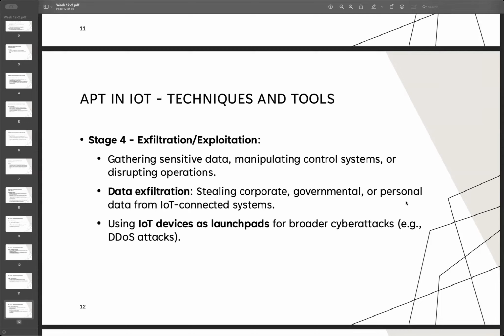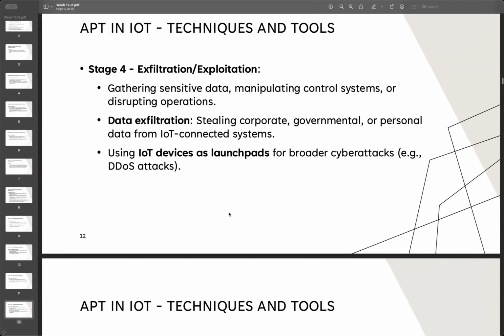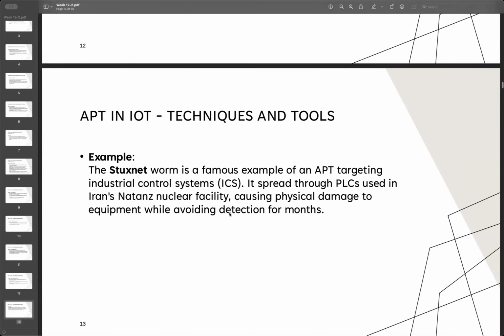They steal all your personal information and then turn your device into a launch pad, so they can send mainly DDoS attacks. Then when we move on, one example is the Stuxnet worm.